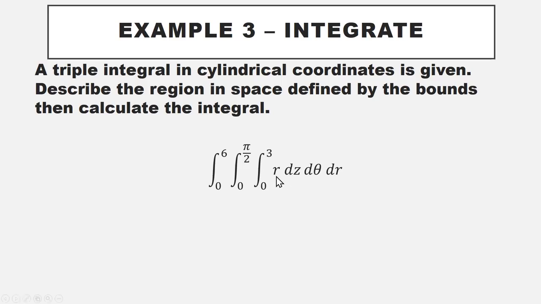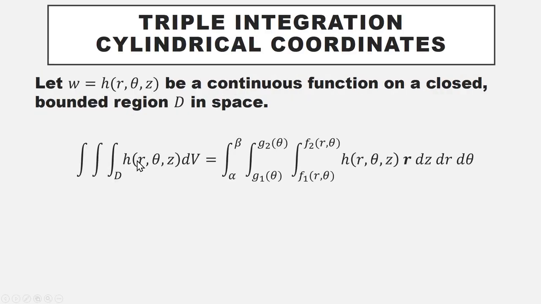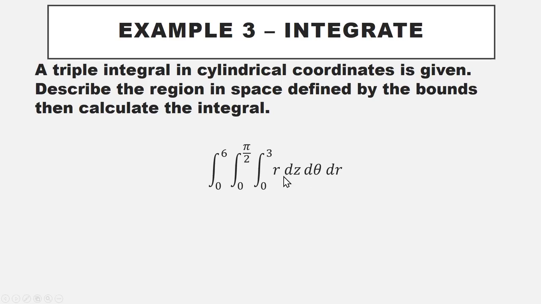And we have an r in here. So this would be like doing a triple integration of 1 dV, which is kind of like finding volume. So our function here would have been like a 1. So pretend we're essentially finding the volume of whatever this three-dimensional object is. All right, so let's go ahead and do the integration first.